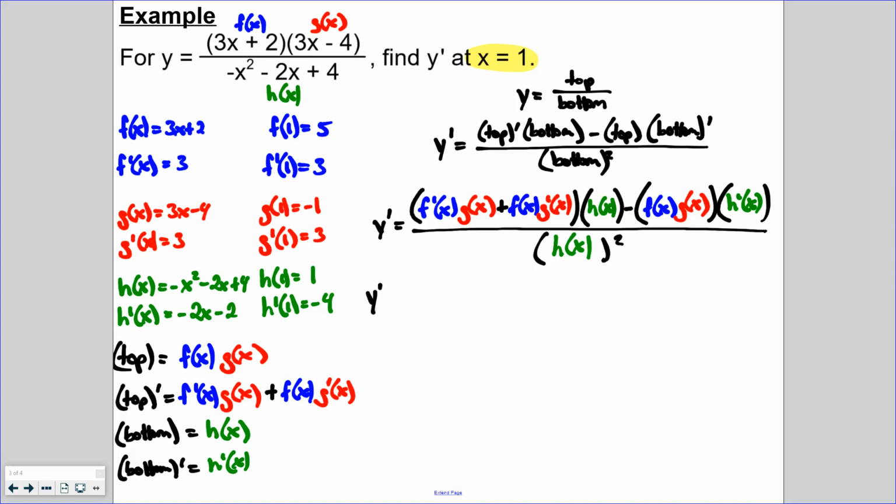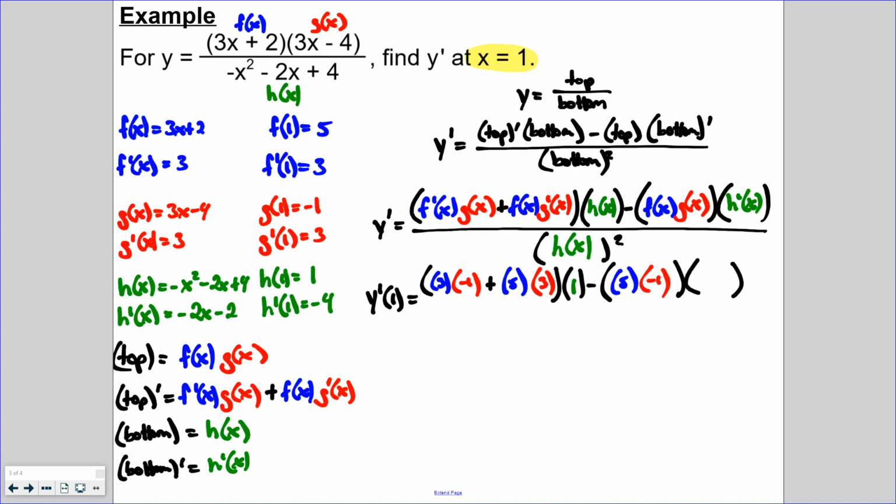So therefore, y prime of 1 is going to be, let's see, f prime is 3 times g, which is negative 1, plus f of 1, which is 5, times g prime, which is 3, and then times h, which we said was 1, minus f of 1, which we said was 5, times g of 1, which we said was negative 1, and then times h prime, which is negative 4. And that's all going to be over h, which is 1, squared.